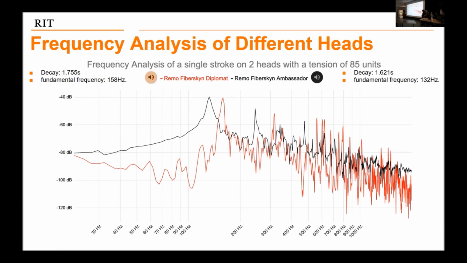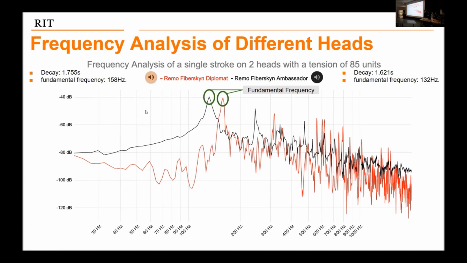So these differences in thickness are going to change things like the decay and the fundamental frequency. The decay was a bit shorter on the Ambassador due to its thickness. It's obviously going to take a lot more energy to continue ringing out, but also you have differences in tuning, the fundamental frequency. So these two peaks here are the primary tuning of the drum.